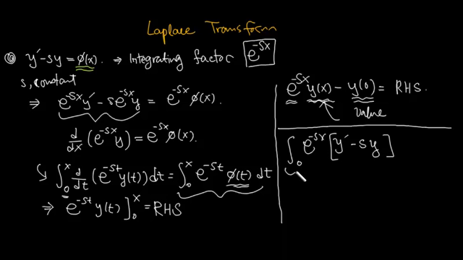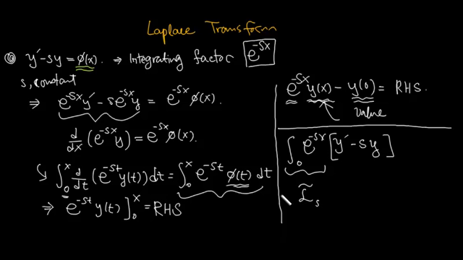So I'm going to call this one operation, broken into two pieces. First, multiply by this exponential function, and then integrate from 0 to x. I'm going to call this operator curly L with a subscript s, because that's the s we're playing with. And this is not yet the Laplace transform, so I'm going to use a tilde.